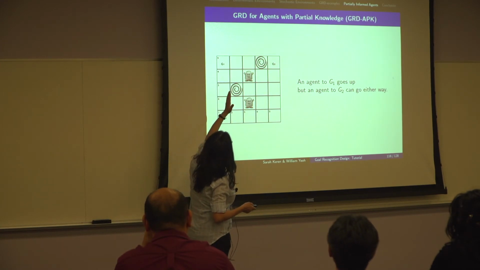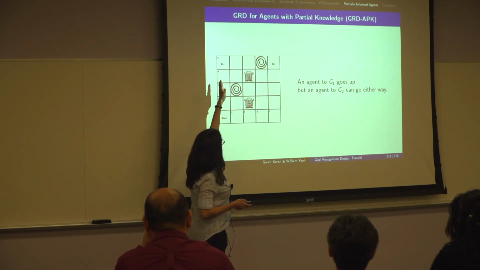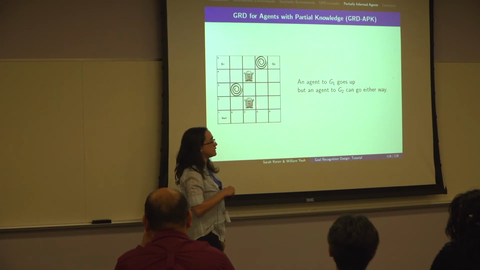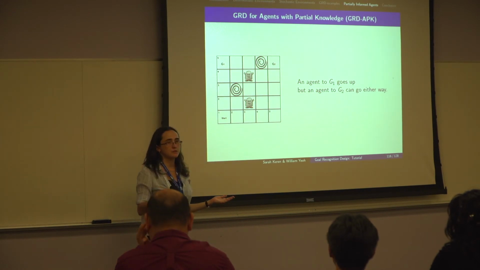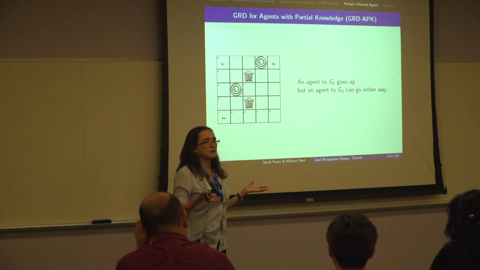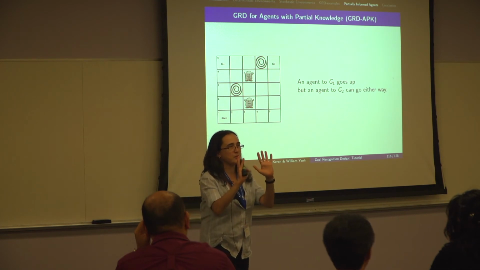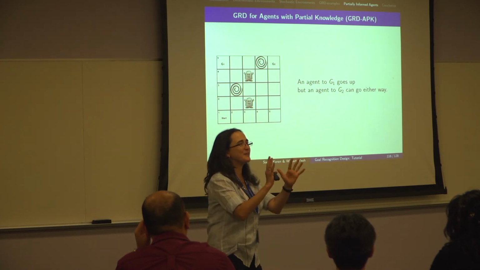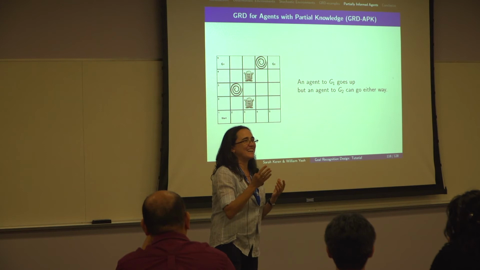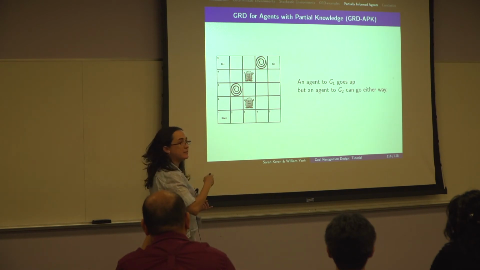But basically, the point here that I wanted to make is that in order to achieve G1, under the assumptions that we made, what would be possible behaviors for an agent to G1? I know asking you questions at this point is risky, but I really want the interaction. Just go up the left side? Right, so you go up. But what about G2?